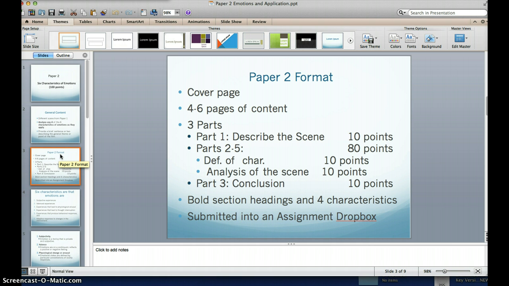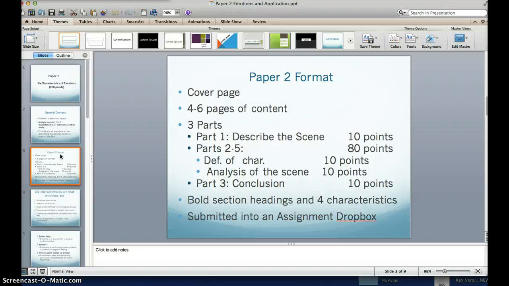As with Paper 1, Paper 2 is 4 to 6 pages in length, and you cannot fall under 4 pages, and you should not exceed 6 pages. The cover page does not count in the page total. There are 3 parts of the paper: the description of the scene, which is worth 10 points; the definition of the characteristic and analysis of the scene, which is worth 80 points.